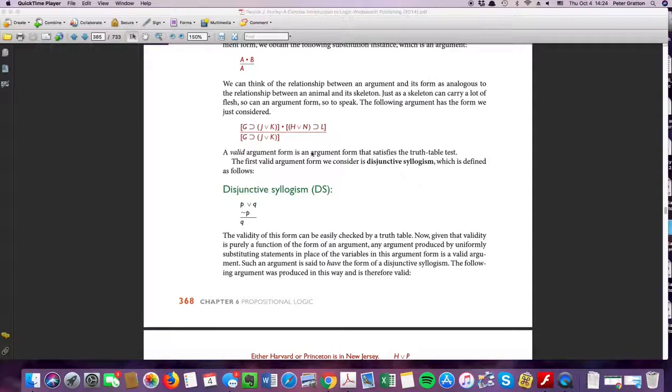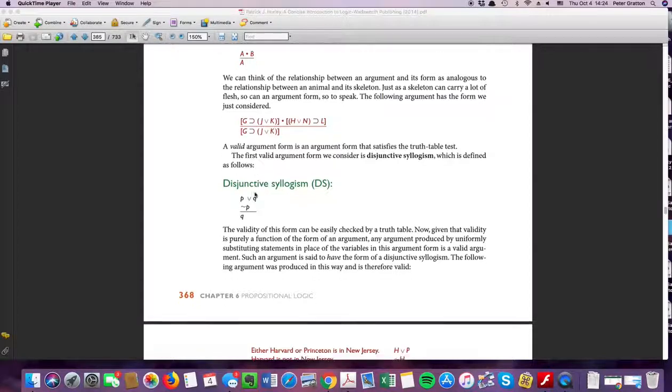So just as I said last time, when you get an argument form, perhaps like this one, or a more complicated one, and it turns out to be valid, no matter what you substitute in for the different letters, that argument is going to be valid. Doesn't mean it's going to be sound, doesn't mean that the premises are actually true, but the form of the reasoning behind it is valid. It's a valid way of arguing.